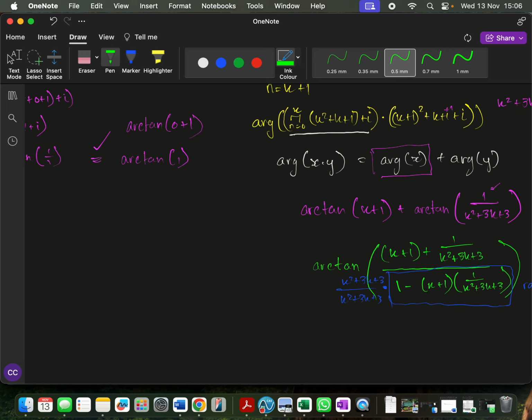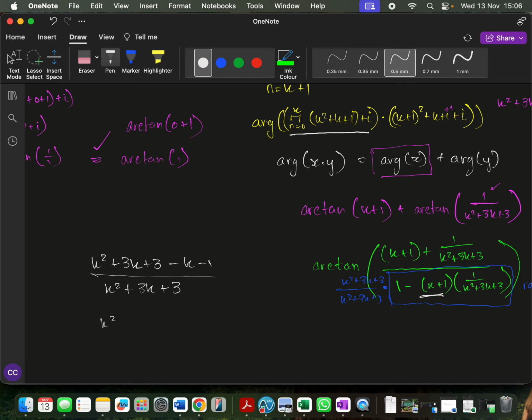And that will result in this being k squared plus 3k plus 3 minus k minus 1 from here, all over k squared plus 3k plus 3. There is an advantage to this. I'm going to simplify it though.